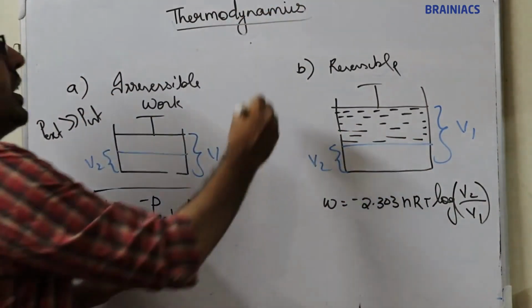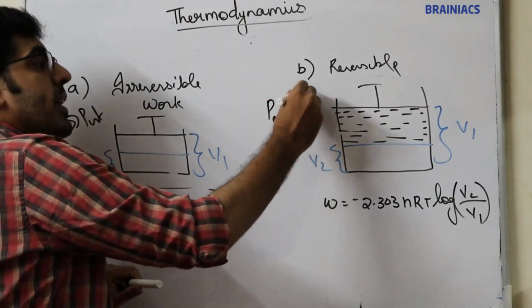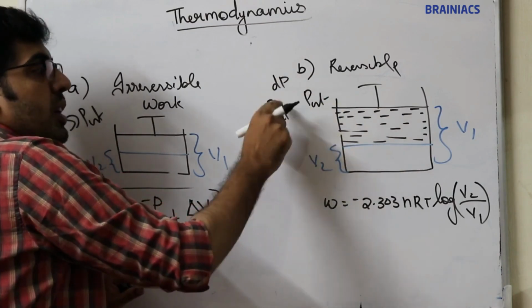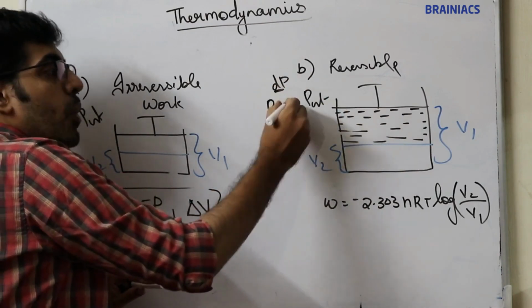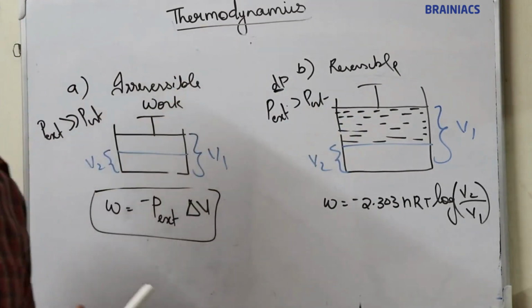Here external pressure is dP, a small amount, greater than internal pressure.